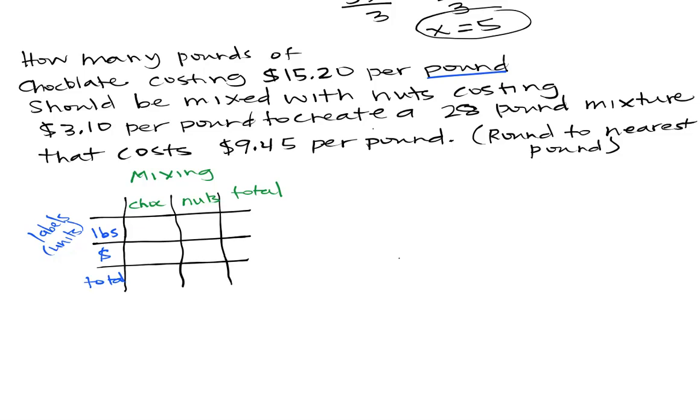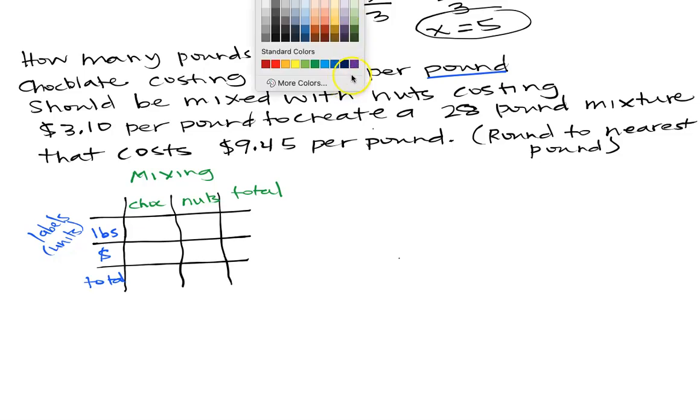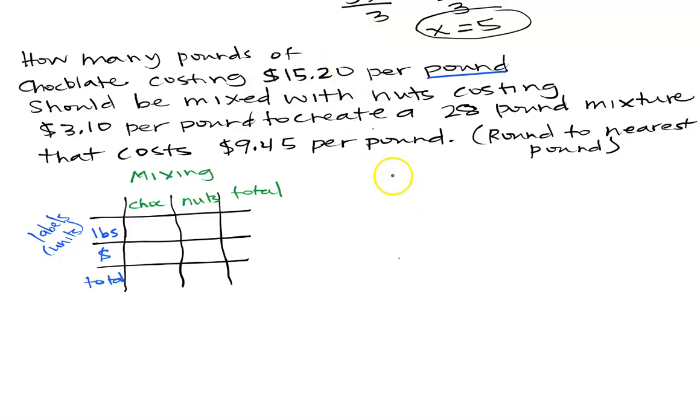So you always want to define your variables. So let's define our variables. I'm going to say x is the pounds of chocolate, and y is the pounds of nuts.